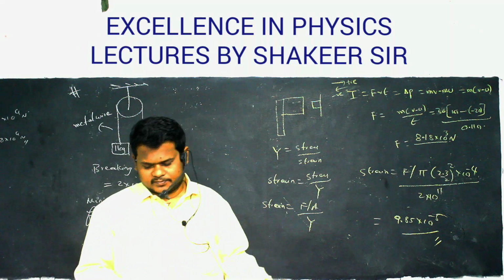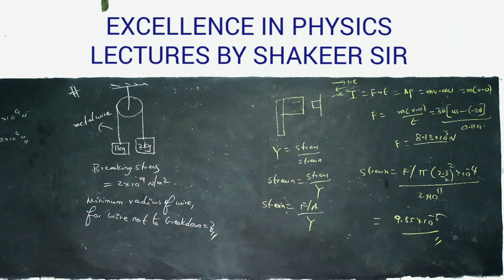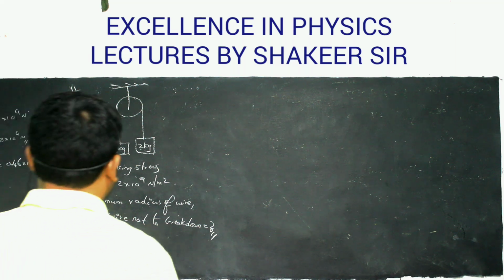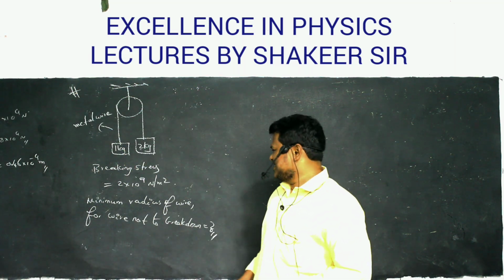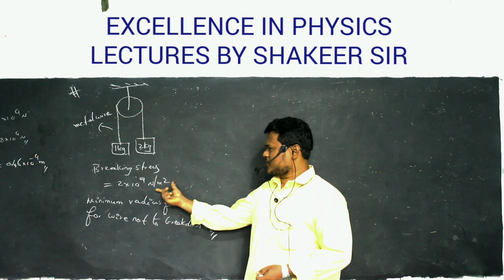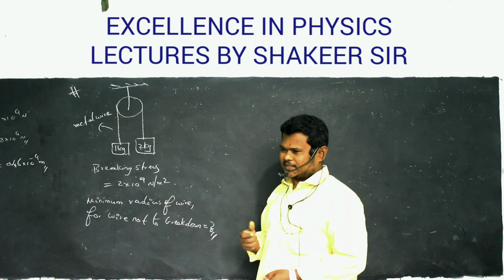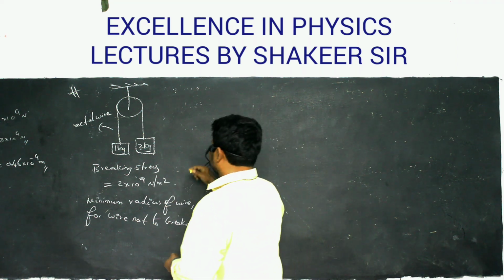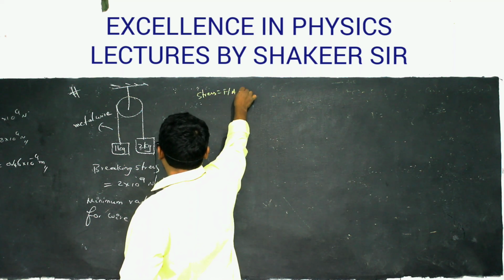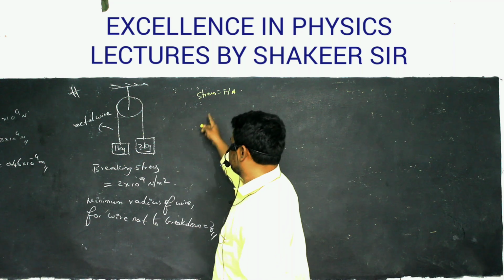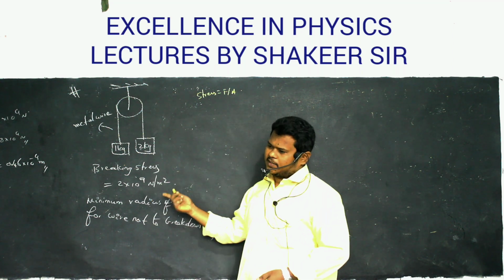Think how you can do it. It is given that for this amount of stress, the wire will break down. Stress relation we know, no? What is meant by stress? Force per unit area. Stress is already given, 2 into 10 power 9.